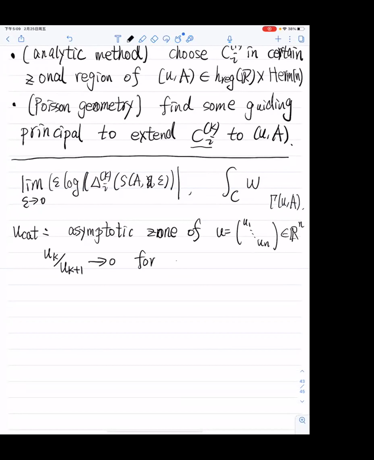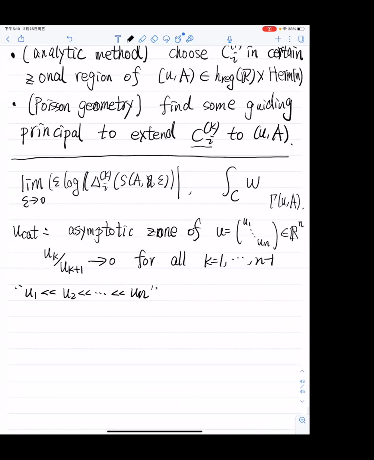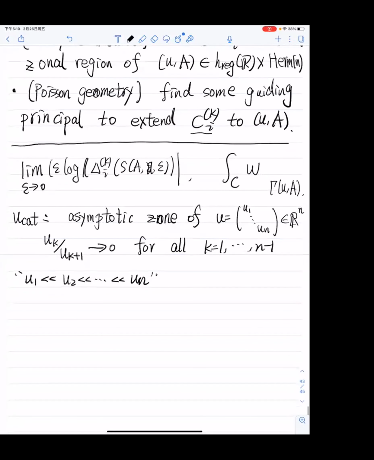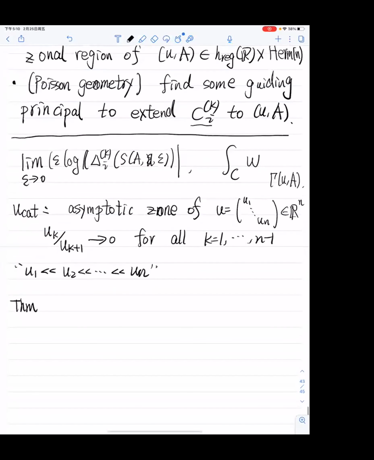For each k minus 1, I can also denote it by U1 much less than U2, although this may be misleading, but by this, what I mean is exactly U_k or U_{k+1} goes to 0. So this is some asymptotic zone in the space of U. And then we prove in this asymptotic zone, the conjecture is true.